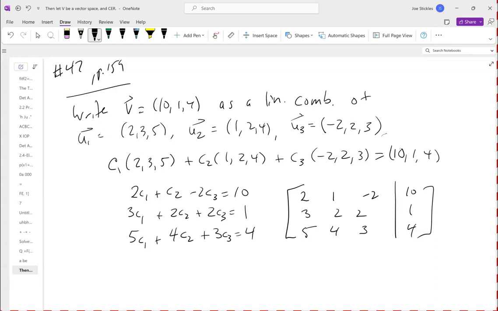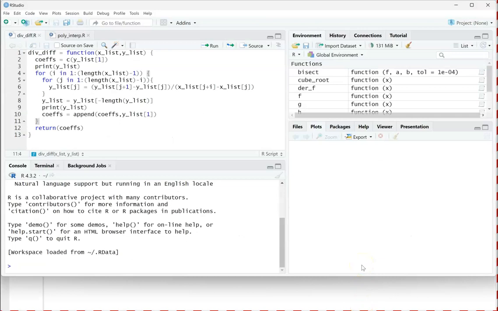We can do this on your calculator, but on R, I can define these vectors pretty quickly. Let's say I make V the vector 10, 1, 4. That was the V, right?